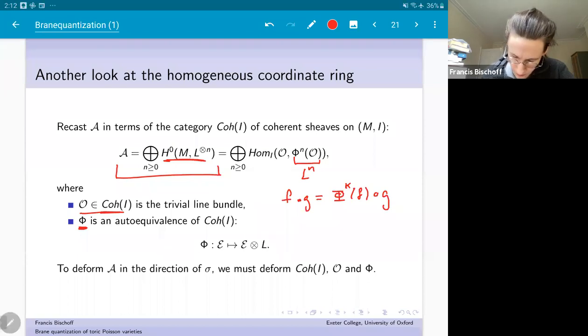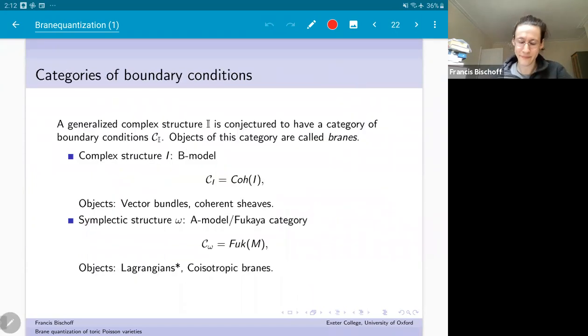Okay, so I'm going to start with what to do about the category. A generalized complex structure is conjectured to have a category of boundary conditions. And the objects of this category are called branes. In the two extreme cases of complex structure and symplectic structure, these things are well known.